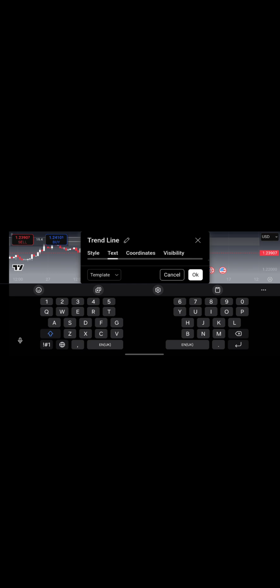So this here was a break, a break of structure. This is our high. Since we're now going up, or this small trend inside our overall trend is going up, we're not gonna use the low, we're gonna use the high.